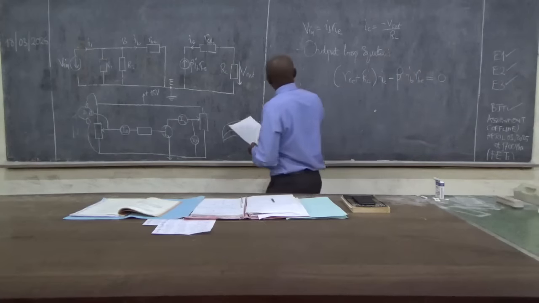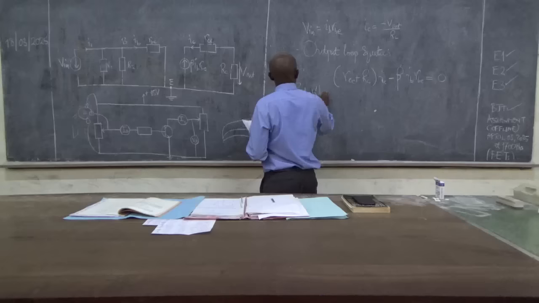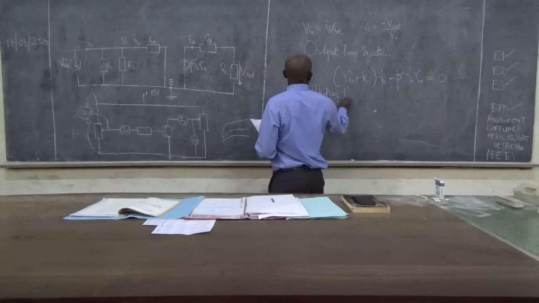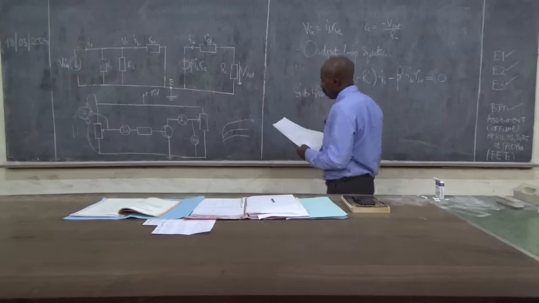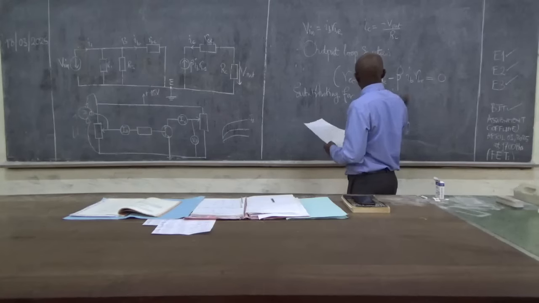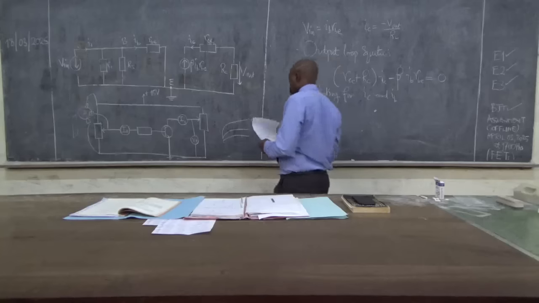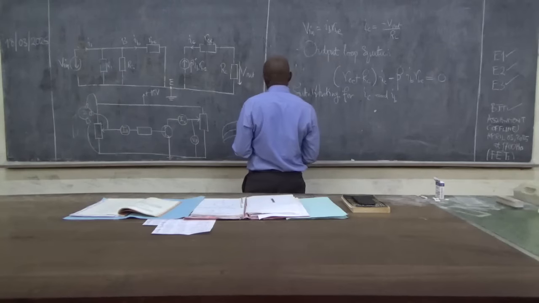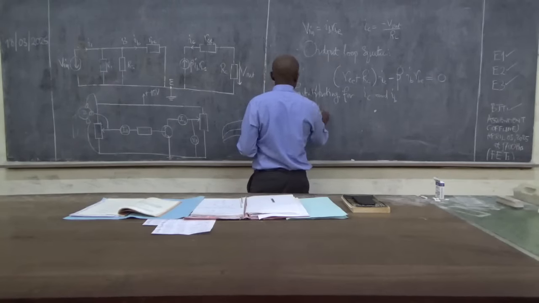Substituting for IC and IB, then this would be the same as V out over V in.